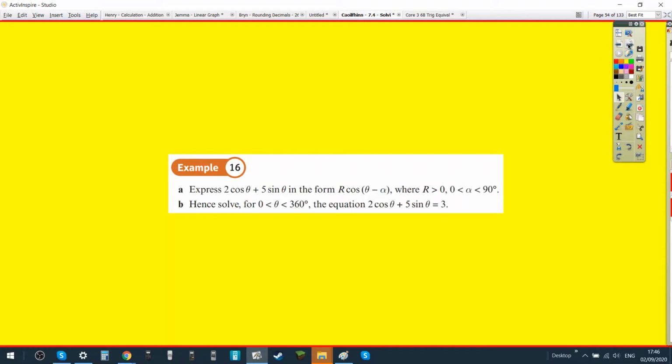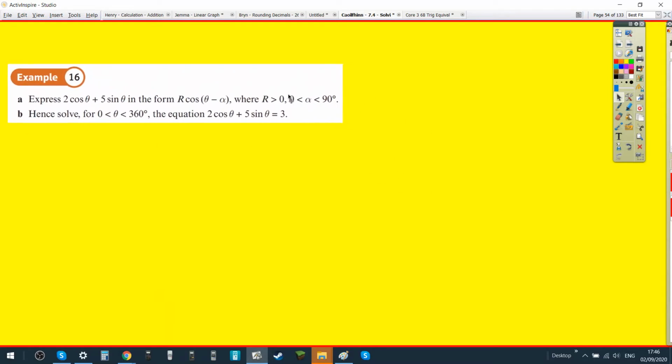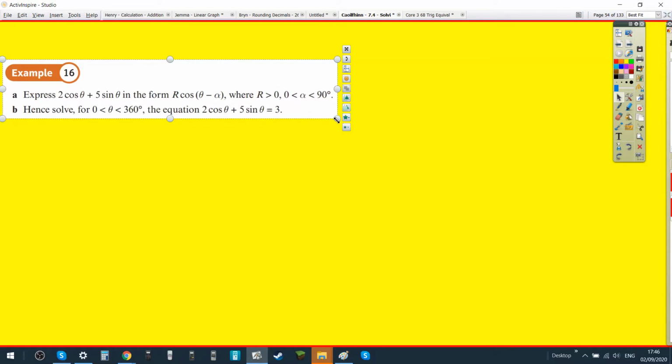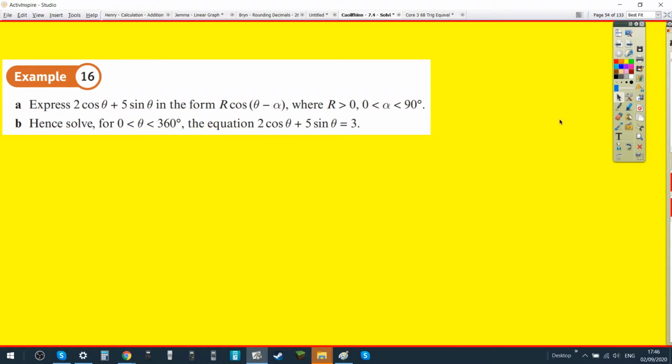This is what we need to do. How do we do this?